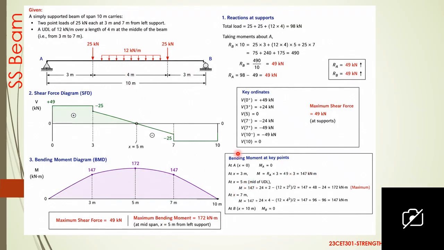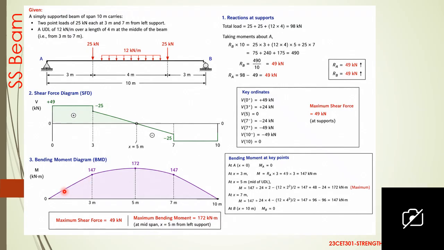At 7 meter, RA into 7 minus 25 into 4 meter, minus 12 into 4 into 2 meter, and if you put together you will get the value of 147. Both values should be equal because the beam is symmetrical.